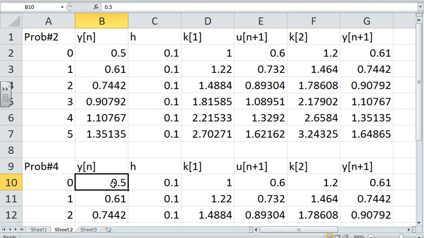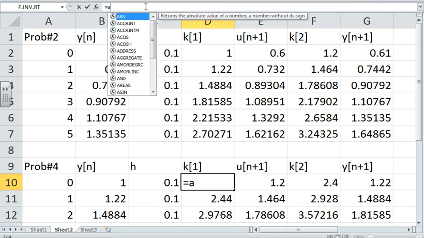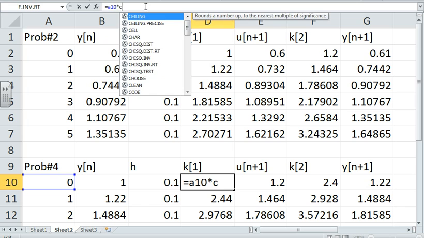Initial condition 1. Okay, H is the same. K is x minus y. A10 times C10.